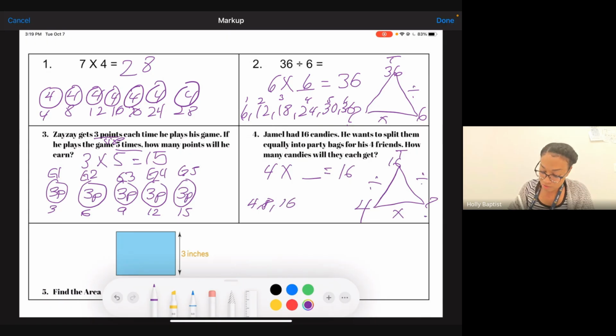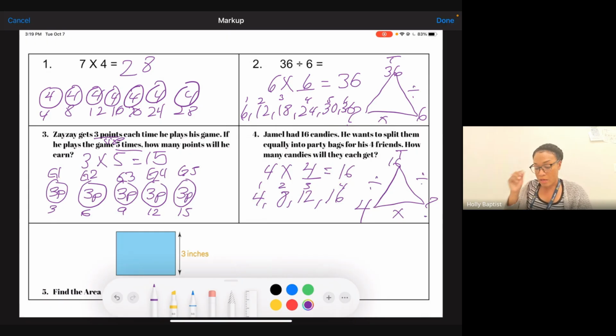Oops, sorry, I made a mistake. Let's try that again. 4, 8, 12, 16. Stop right there. And we know that we had to skip count 1, 2, 3, 4 times to get our answer. On our fingers, it would just look like 4, 8, 12, 16. And then we would see that we have 4 fingers, which means we had to count on 4 times.